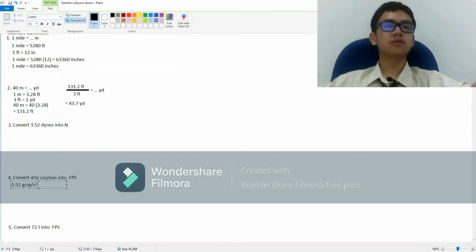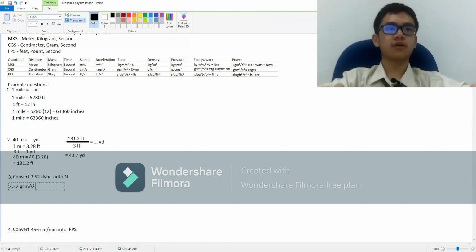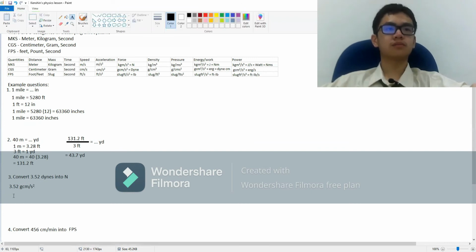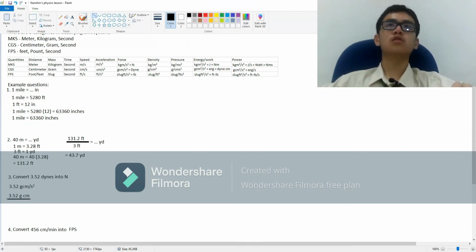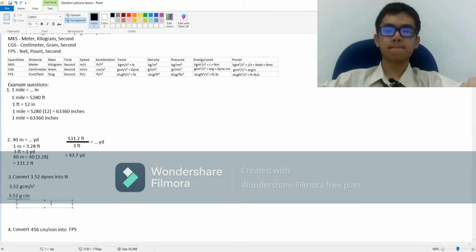So we need to convert the grams and centimeters into kilogram and meter. This is how you convert it. So there's 3.52 grams times centimeters over seconds squared.